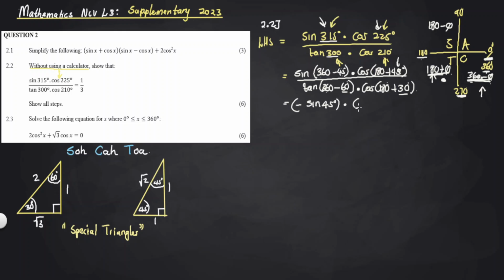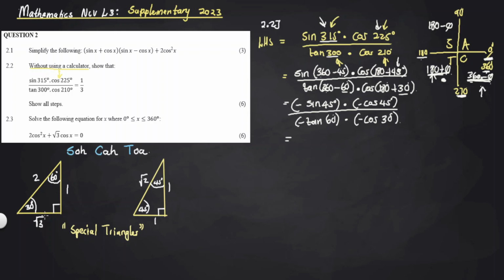In the third quadrant cos is negative, so it's minus cos 45 degrees, divided by tan of 360 minus 60, fourth quadrant, tan is negative, so negative tan 60 degrees, multiplied by 180 plus, third quadrant, minus cos 30 degrees.